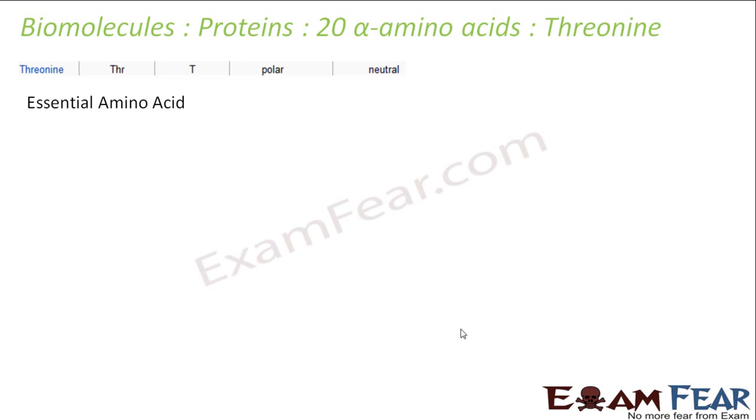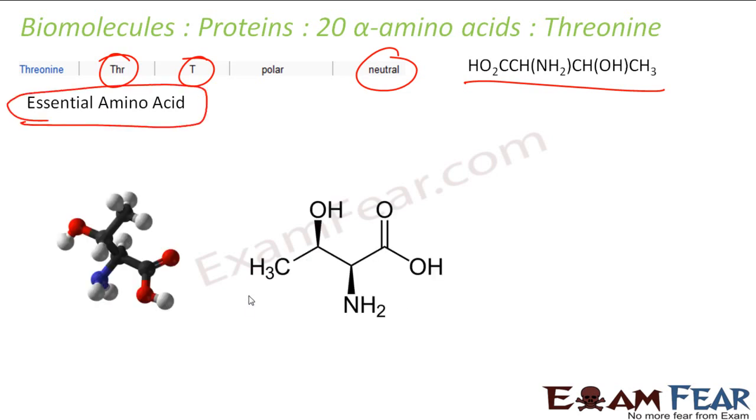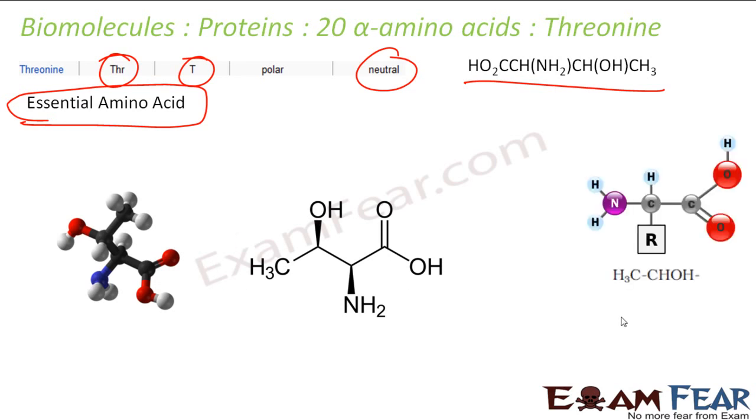The next is threonine. This is the last amino acid to be discovered, in 1930. THR is the three letter and T is the single letter. This is also neutral. This is the molecular formula, pretty complex. This is an essential amino acid. The body can't produce it. You have to take this in food, and this is the structure.